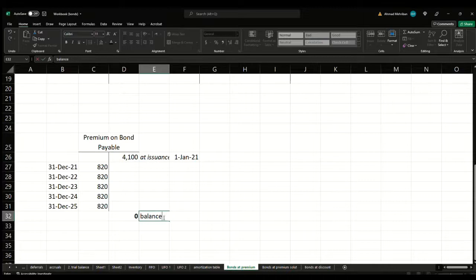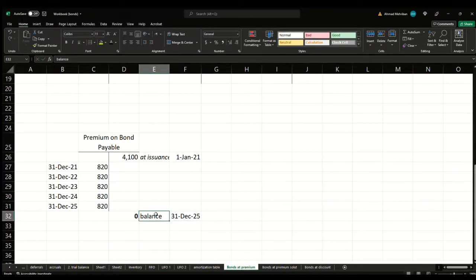Let me just write it separately so the format will come out correct. December 2021 is going to be this, and what happens is that by the maturity date, the premium on bond payable will be amortized and be equal to 0.